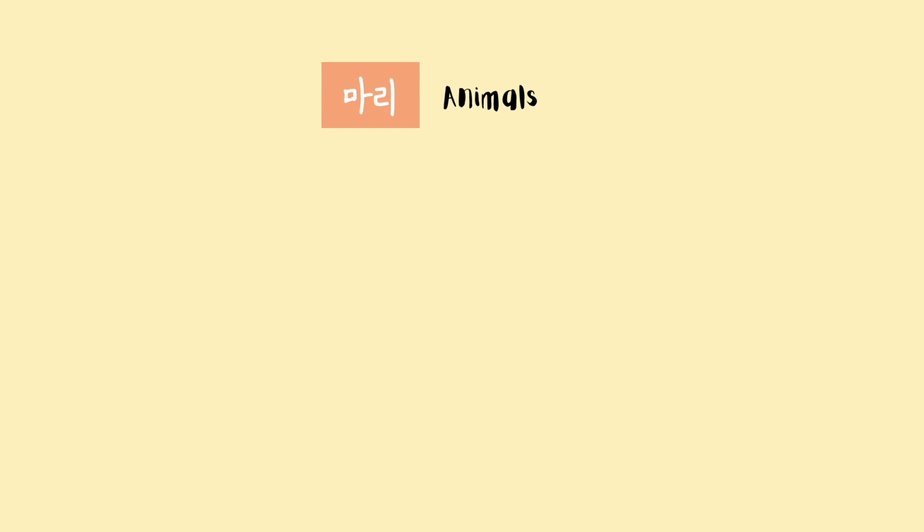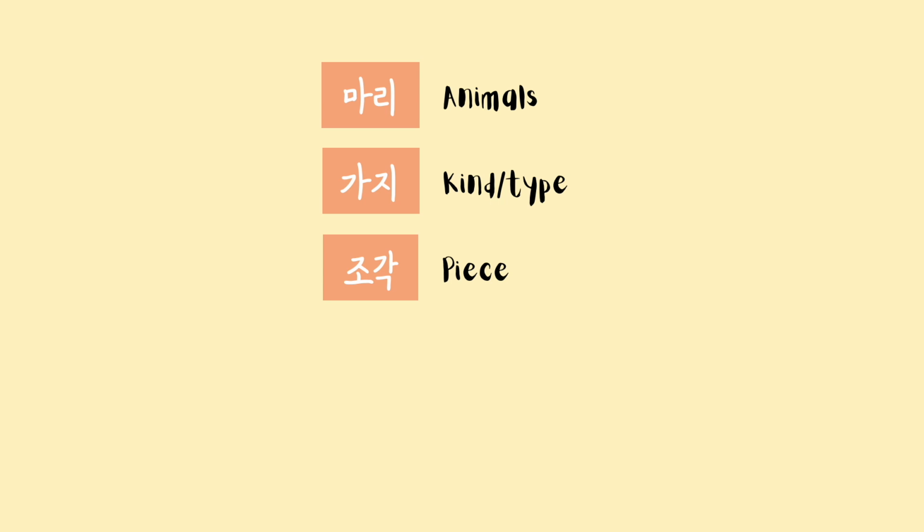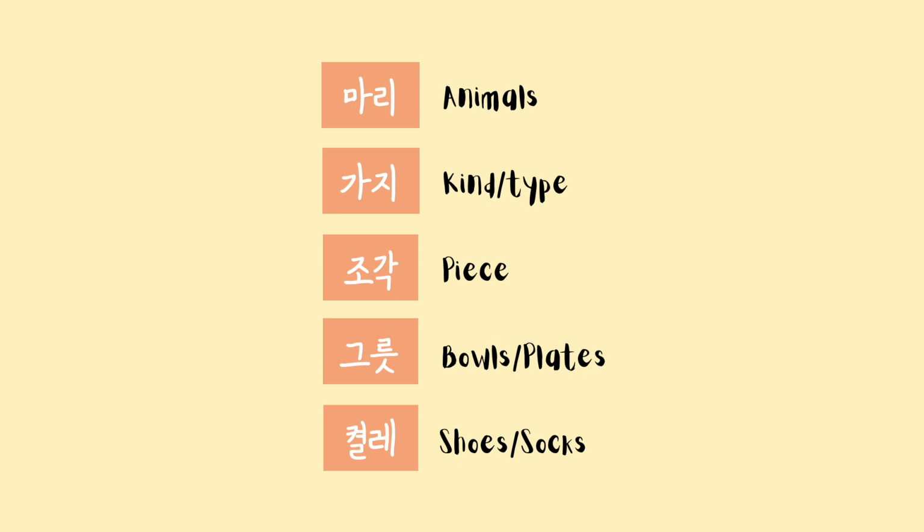마리, animals. 가지 means kind or type. 조각, piece. 그릇, bowl or plate. 켤레, shoes or socks.